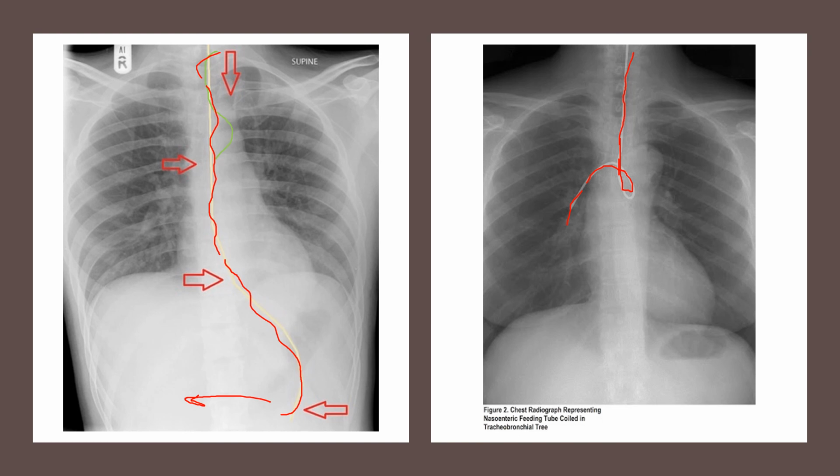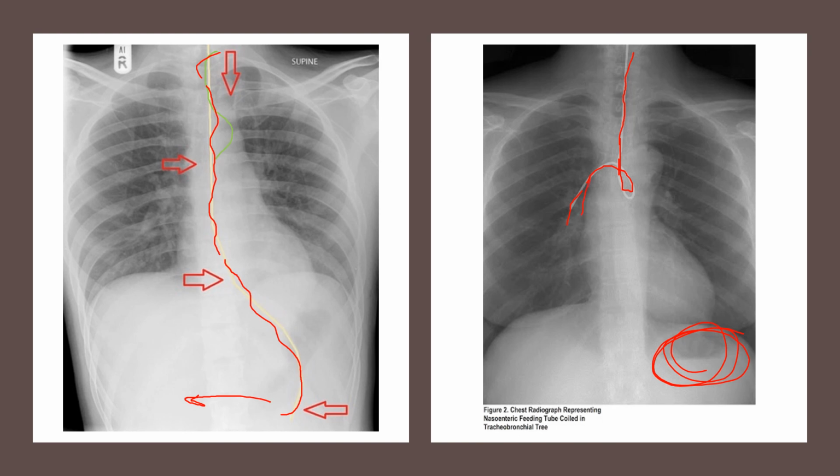Even though they can verify placement without the x-ray by hooking up a big syringe to the NG tube and pushing while listening over the stomach, and if they hear gurgling, they know they're in the stomach, sometimes people hear things that they don't really hear.